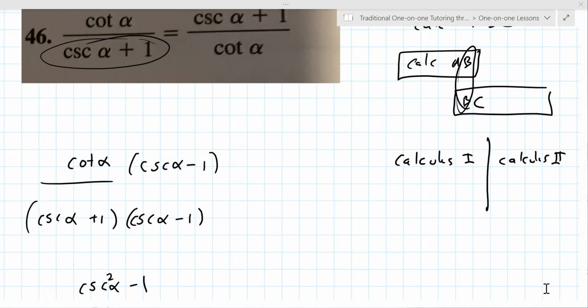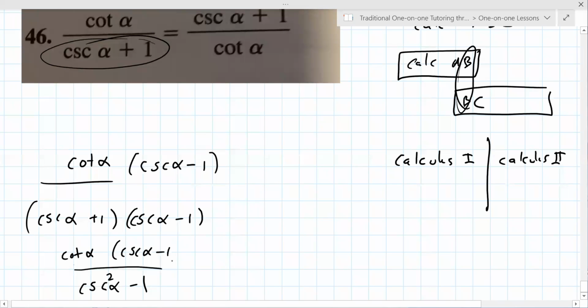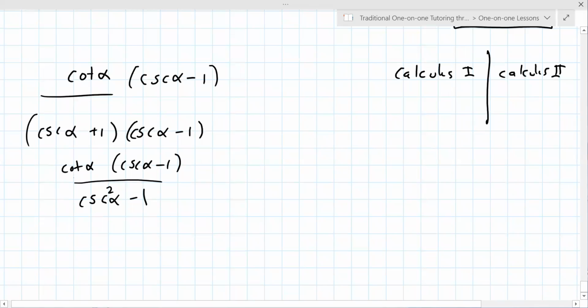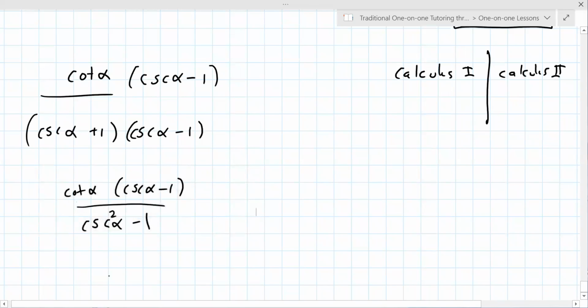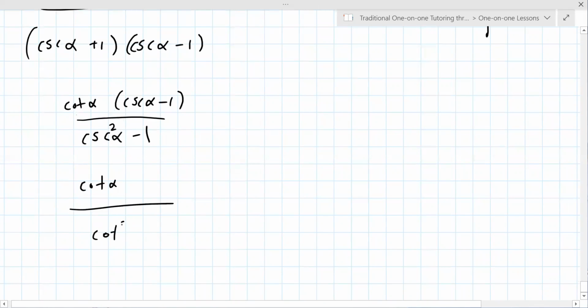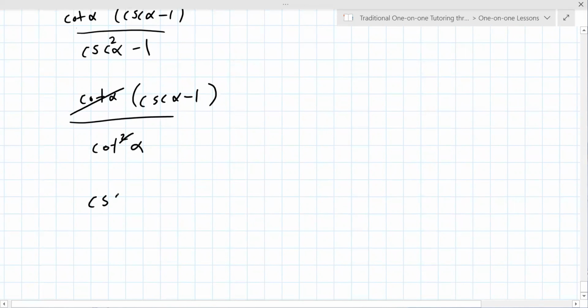But this one does work out. So the numerator is cotangent alpha, cosecant alpha, and you want to avoid distributing. You may do that, but you want to be sure that you have a good reason to do that. And in this problem, because the bottom becomes, you just said it, cotangent squared alpha, one of those is going to cancel. This one cancels with that one. And so we end up getting what we wanted.